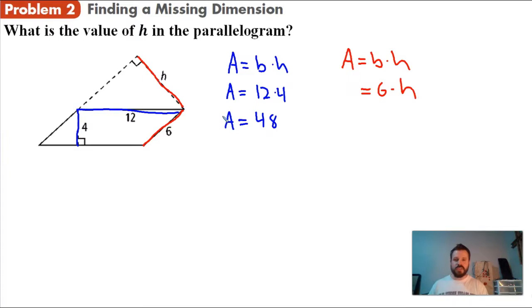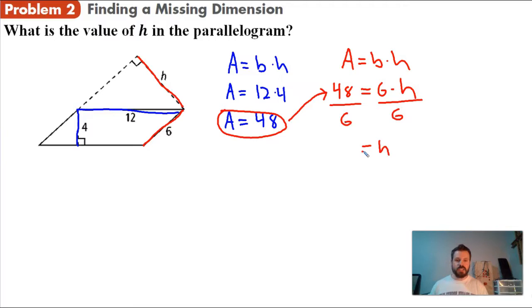But what I can do with this equation is, since I already know the area, I know the big A from the other two dimensions, I can fill that in and say 48 is equal to 6 times H. In other words, if I divide both sides of this simple equation by 6, I end up with H is just equal to 8.